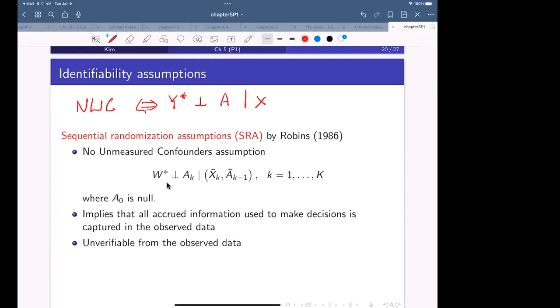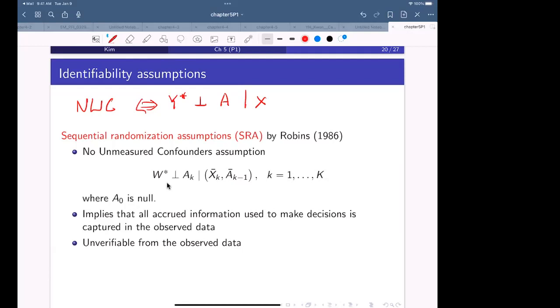Your choice depends on which one you observe, but the potential outcome itself is already fixed. But this requires the full set of W independent of A_K. Right, not W. I see. You're right. I think there's a weaker version of this condition, but that is not really critical for the discussion.